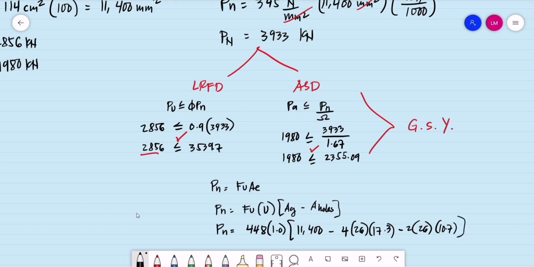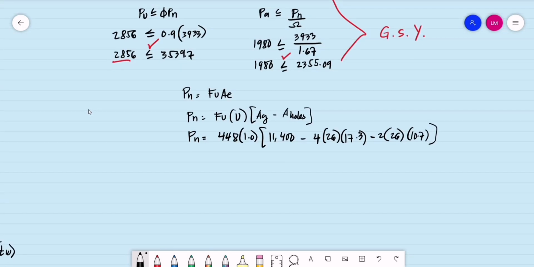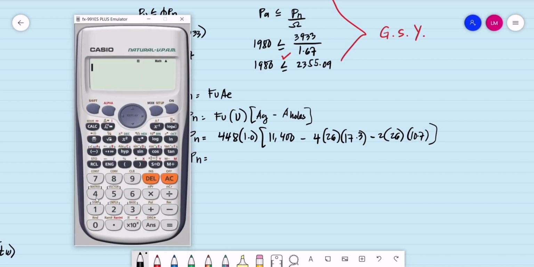So let's have the nominal strength. This is by TRS, the tensile rupture strength. This is 448 megapascals multiplied by 11,400 minus 4 times 26 by 17.3, then minus 2 times 26 multiplied by 10.7.